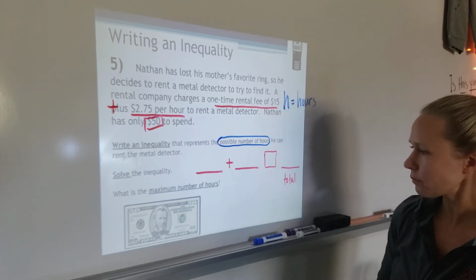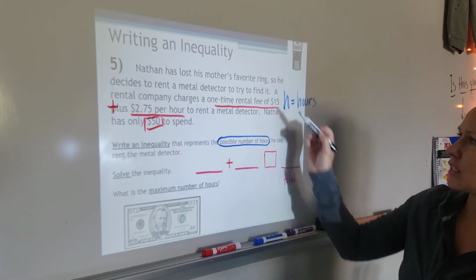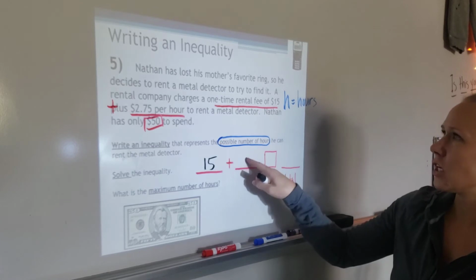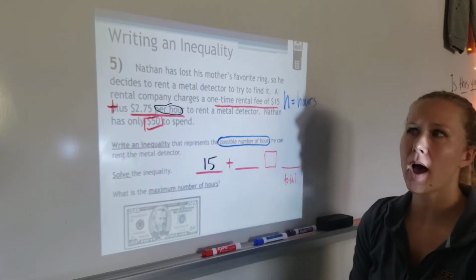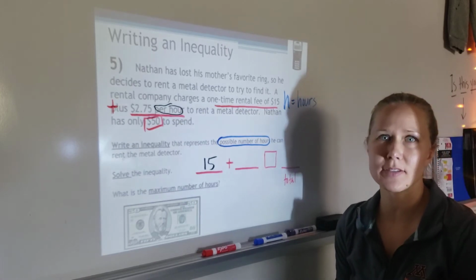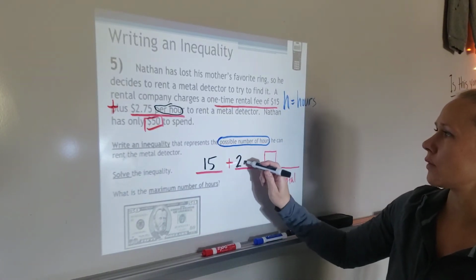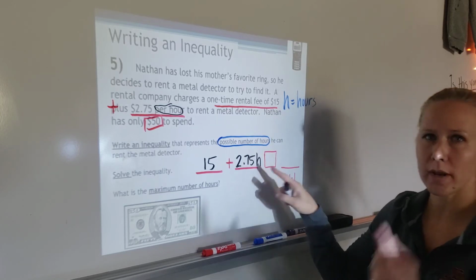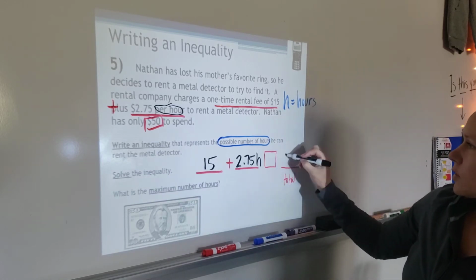The one-time rental fee of $15, that's just one fee of $15. But then here, this is $2.75 per hour. So I have to take the $2.75 and multiply it by how many hours, because it's per. That's where I'm going to be multiplying it by 1 hour, 2 hours, 3 hours, whatever. And the total here is $50.